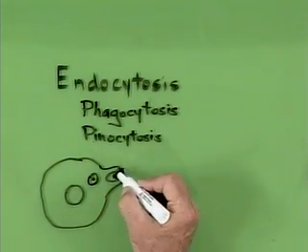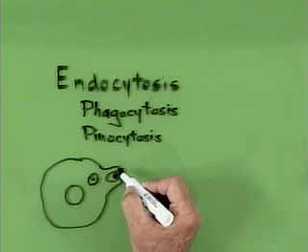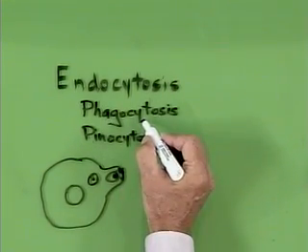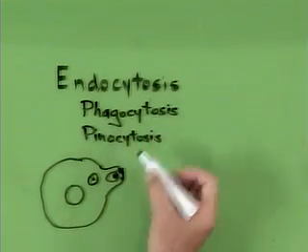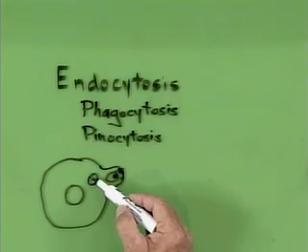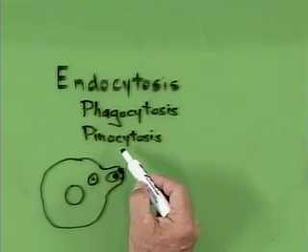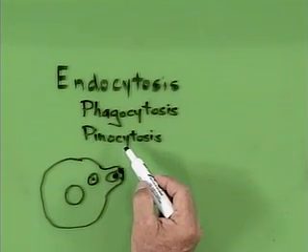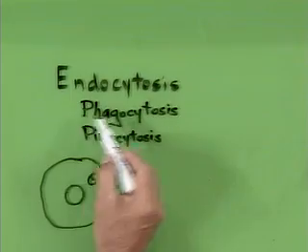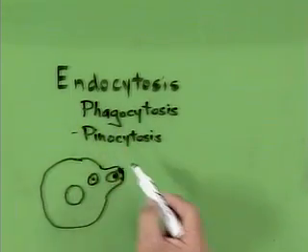Now, if the foreign substance is a solid particle of something, then the term phagocytosis applies. If the foreign substance that's coming in is a droplet of fluid, then the term pinocytosis applies. So both of these are forms of endocytosis.